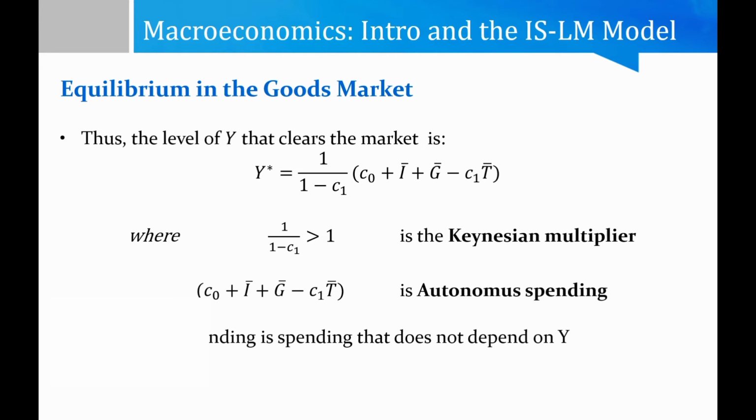Again, the level of Y that clears the market is Y asterisk, equal to 1 over 1 minus C sub 1 times the quantity of the autonomous spending, where 1 over 1 minus C sub 1 is called the Keynesian multiplier, and its value is greater than 1.